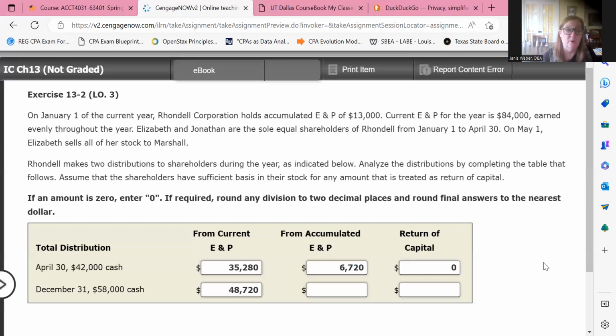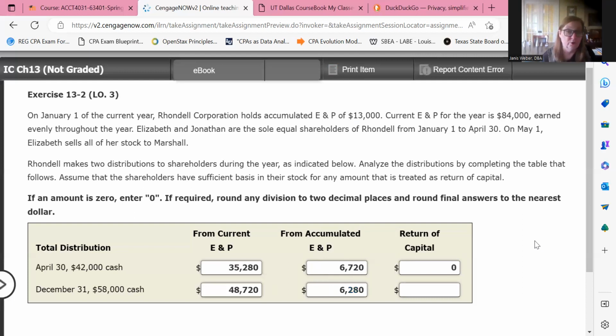Okay, and then we move on down, and of the 13,000, we just used 6,720 of it and called it a dividend distribution for April 30th. So the only thing we have left that we can use as a dividend distribution is 13,000 minus 6,720, which brings us to 6,280.